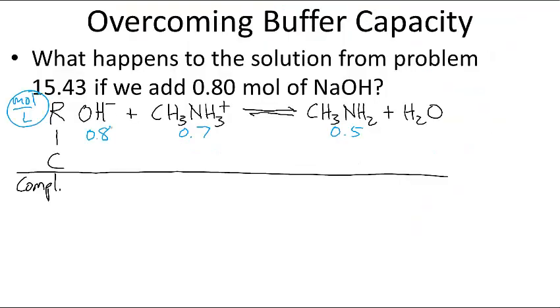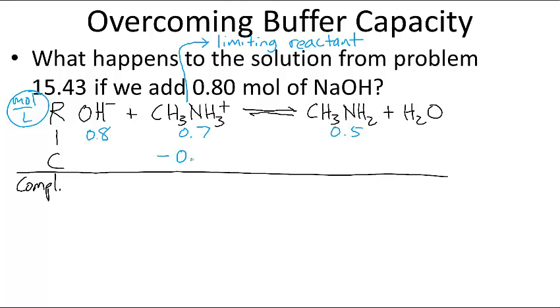In this case, what's the limiting reactant? CH3NH3 plus. This is now the limiting reactant. Remember, a product can't be a limiting reactant by definition. So CH3NH3 plus is my limiting reactant.